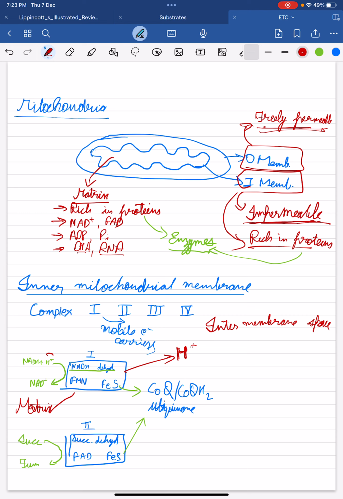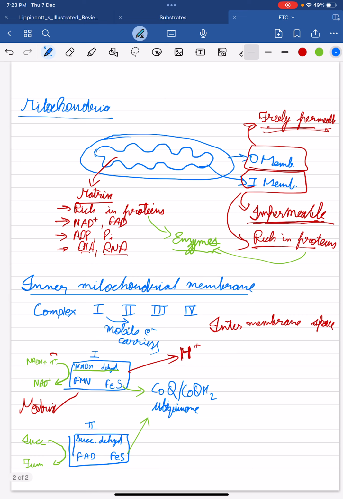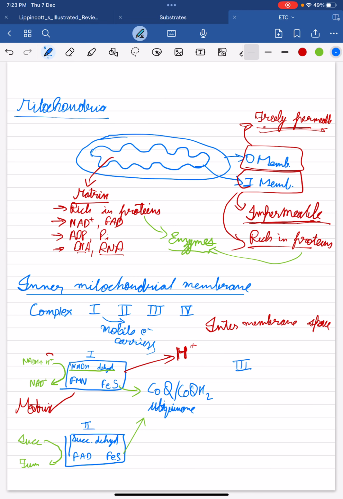Now, when ubiquinone, or now ubiquinol, has the electrons, it will transfer the electrons to complex 3. Now complex 3 will have cytochrome B, again the iron sulfur center, and cytochrome C1.